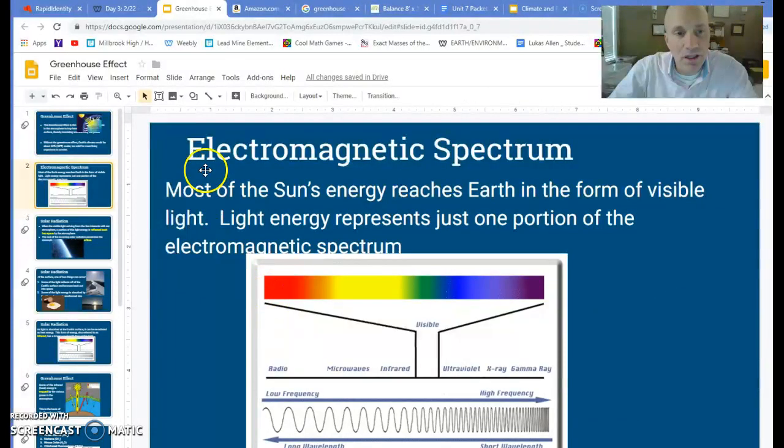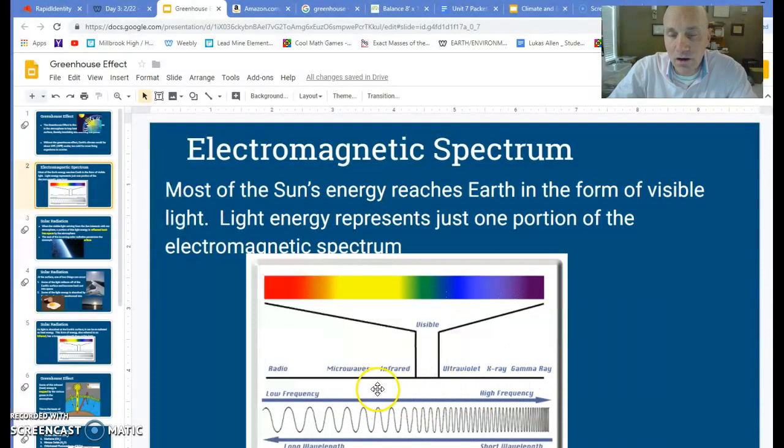So just a little bit about light, first of all. Light is part of what we call the electromagnetic spectrum. There are actually a whole lot of types of it; one way you can think about it is invisible light that the sun creates. It creates microwaves, infrared waves, ultraviolet waves, X-rays, gamma rays.